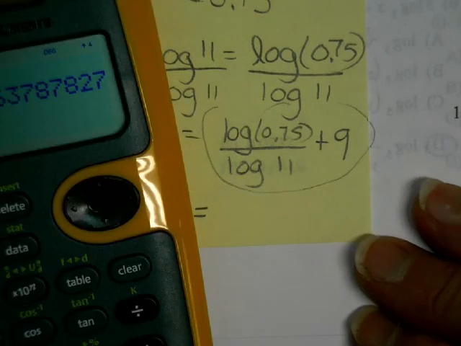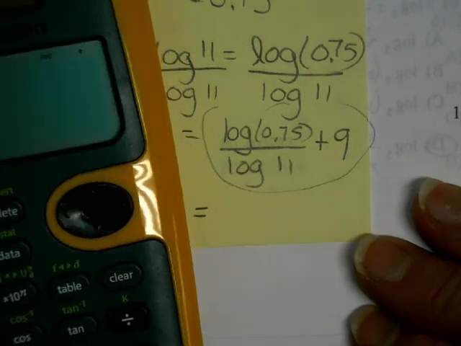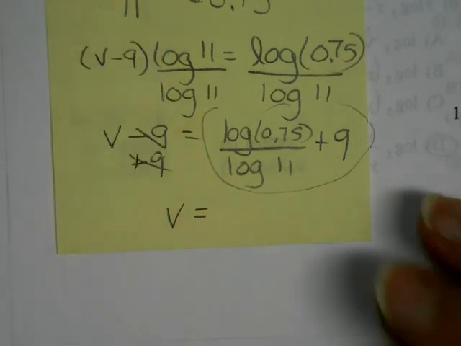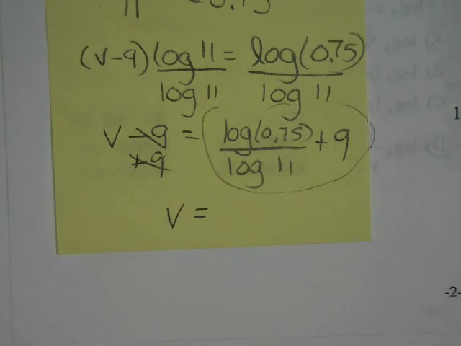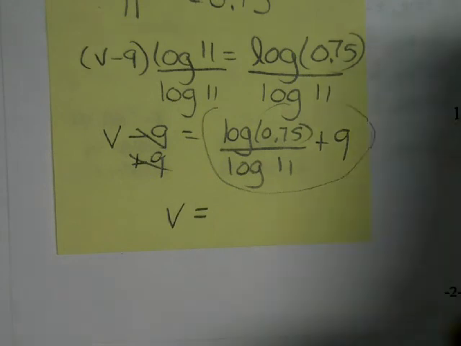So you just showed me you could do algebra. So my V is this. All this in my calculator. Put my fraction, log of 0.75 on top, log of 11 on the bottom, and then I'm going to add 9 to it.